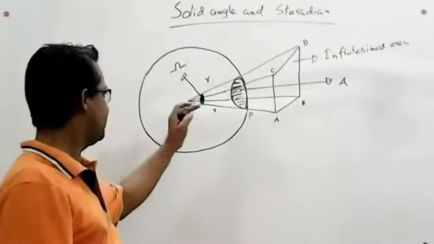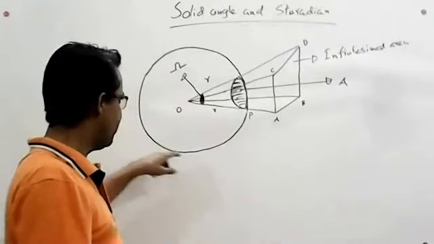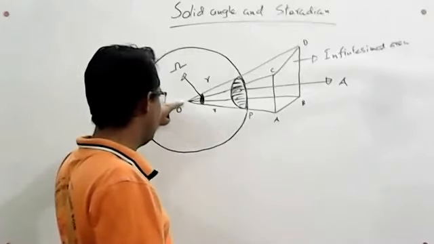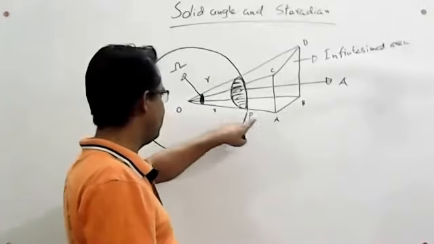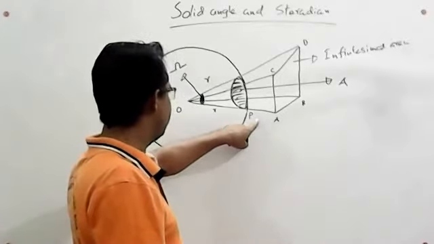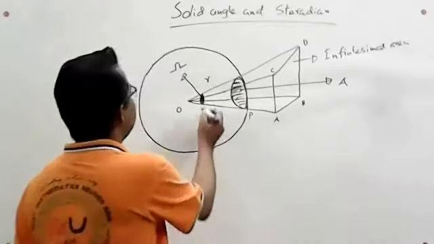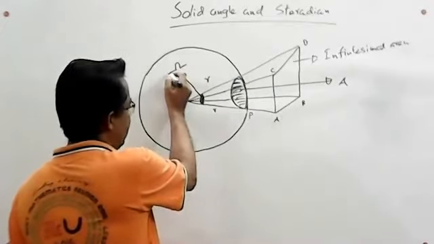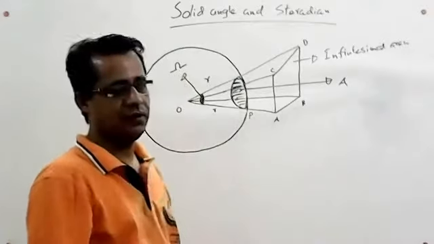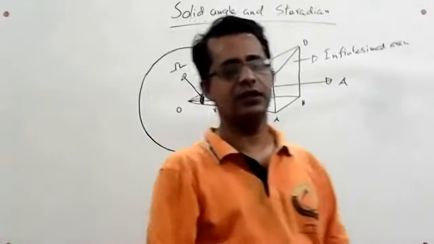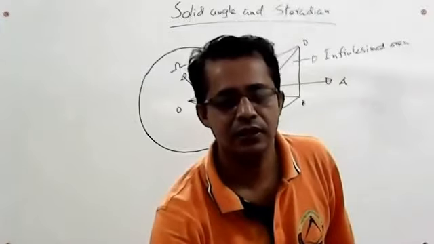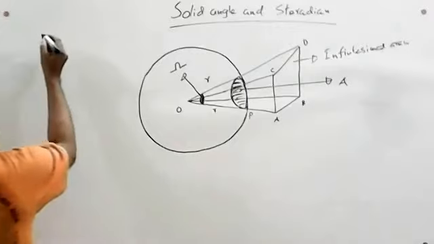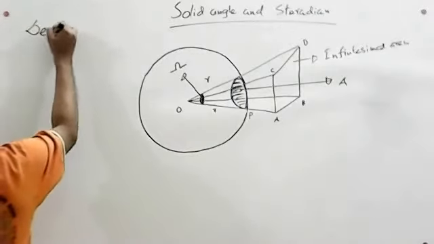For measuring this angle, we have to consider a sphere with radius R and center O, and then the length OP will be considered the radius of this sphere, and this angle is denoted by the sign omega. So, by the definition of solid angle, we know the definition is like such.